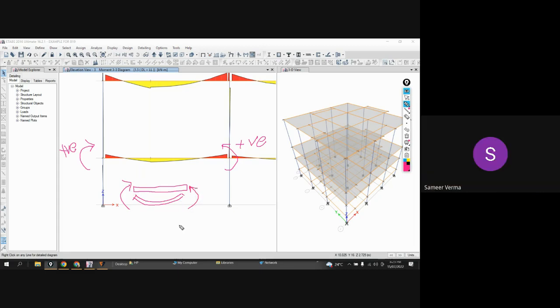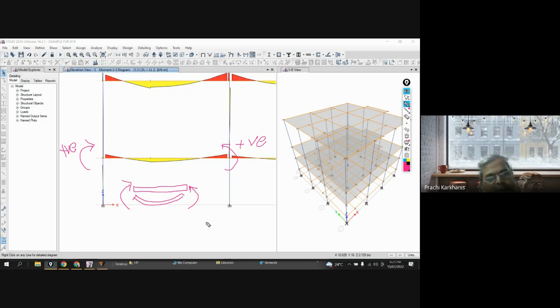And if the beam is subjected to a moment which is a hogging moment, then you will have to apply a moment like this. So this is my positive moment and this is my negative moment.